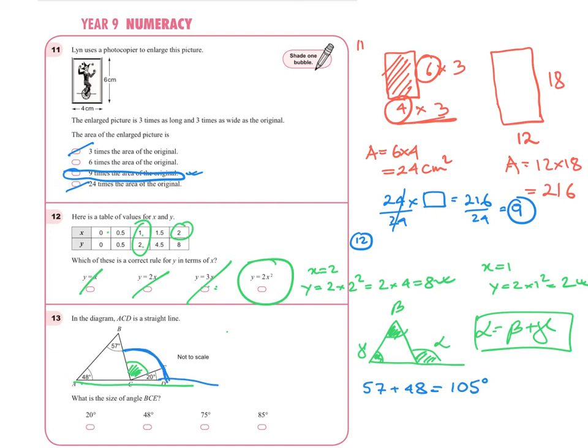We just need this small portion here of green, which means we have to take away 20. So 105 take away 20 is going to be 85. So it should be 85 degrees. And we do have that 85 here, and that is the correct answer.